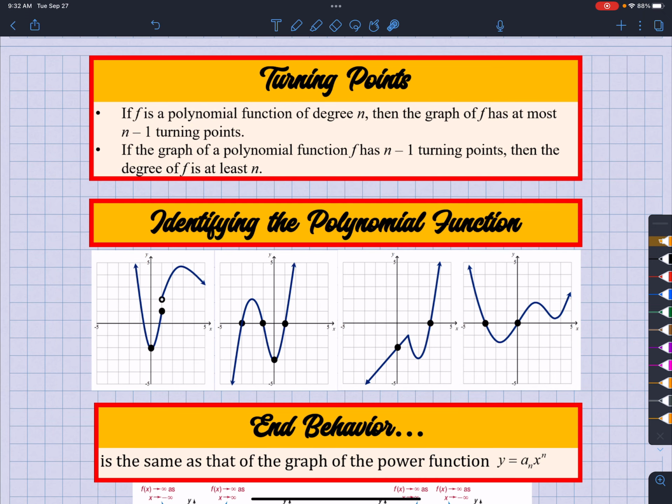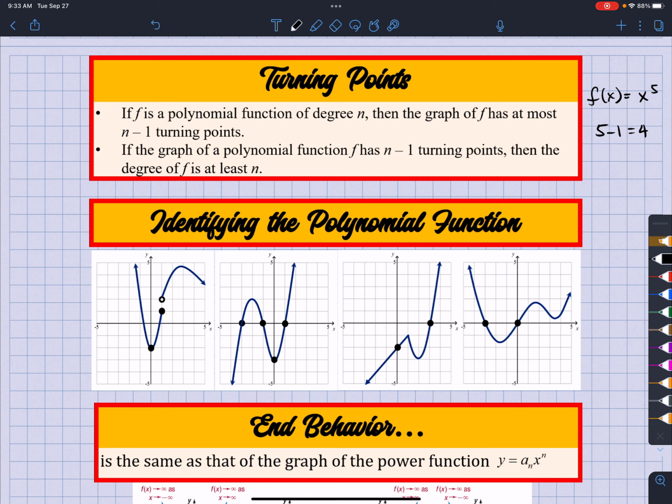Turning points. If f is a polynomial function of degree n, then the graph of f has at most n minus 1 turns. So if I have f of x equal to x to the 5th, I take that 5 and subtract 1, which is 4.